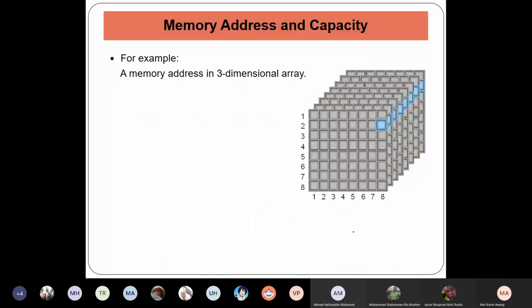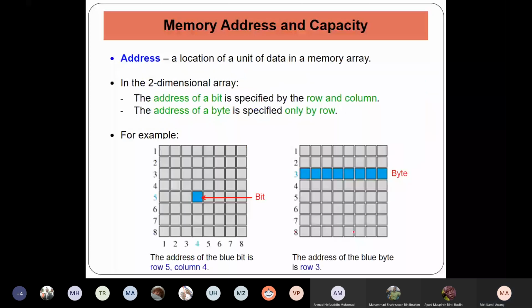Another example, a memory address in the 3-dimensional array. So you have a row, you have a column, and you have the depth. So the address of the blue byte is row 2, column 8. If you compare with this, this is a 2-dimensional array.